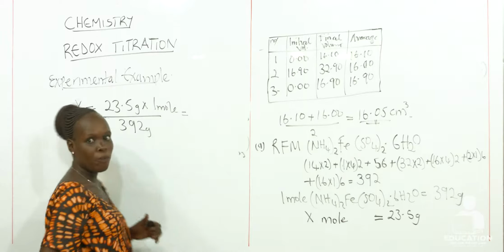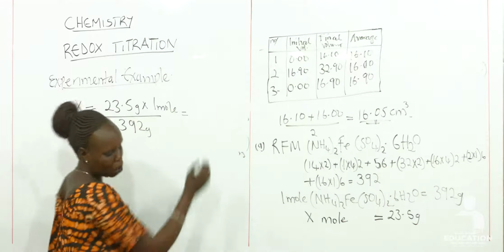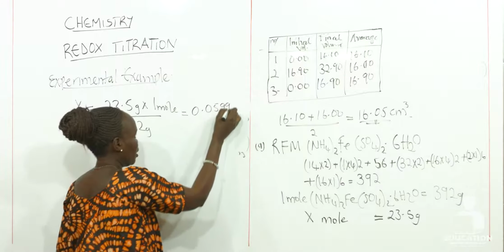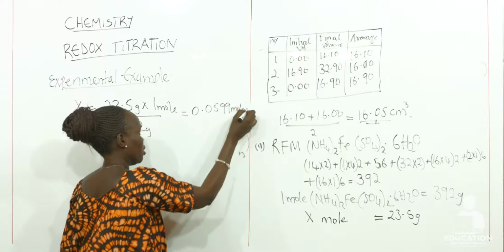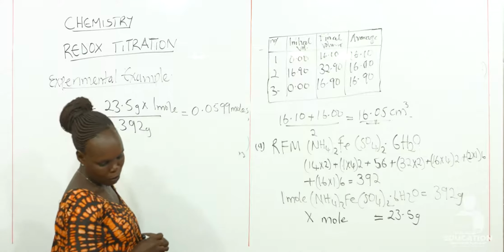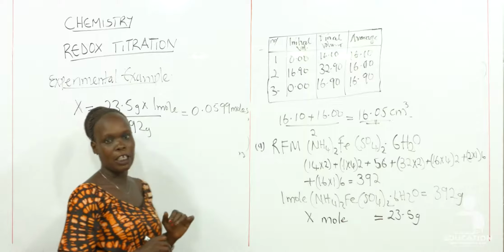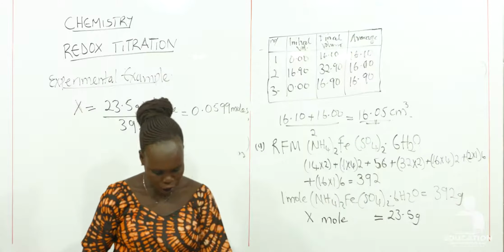So the number of moles here will be equal to 0.0599 moles. So this is the number of moles of ammonium iron sulfate that reacted during the titrations.